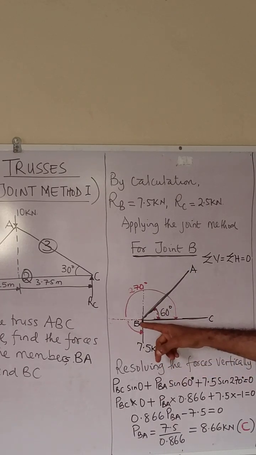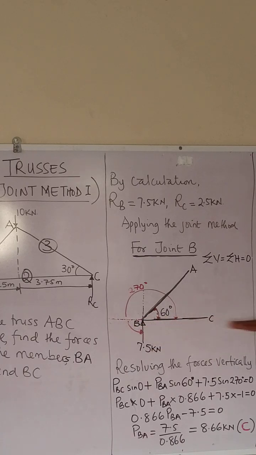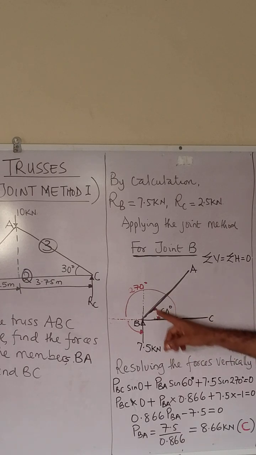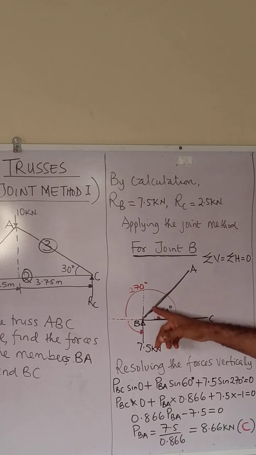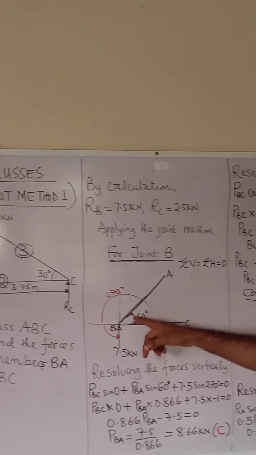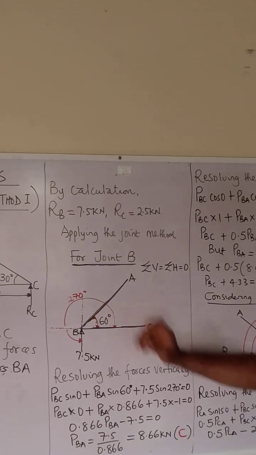So for force BC, the angle is 0. For force BA, from the positive side of X to where force A is, we have 60 degrees.